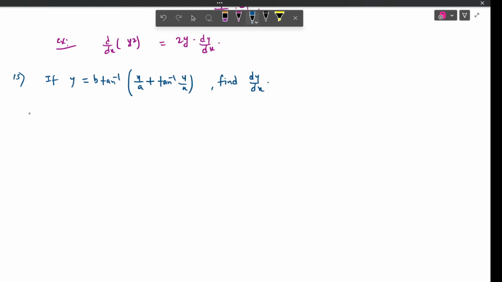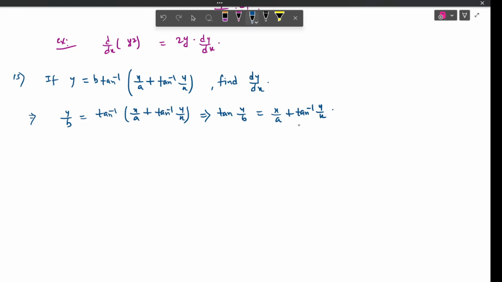See here we have y equals to b tan inverse of this thing. So y by b would be tan inverse of x by a plus tan inverse of y by x. So tan of y by b would be x by a plus tan inverse of y by x.